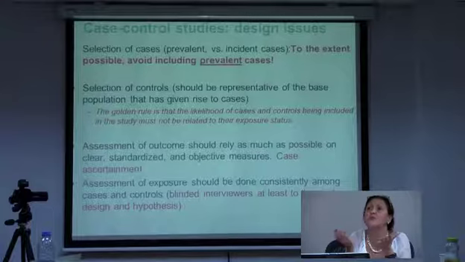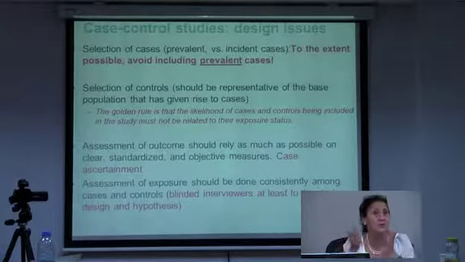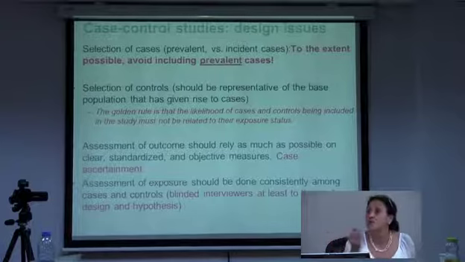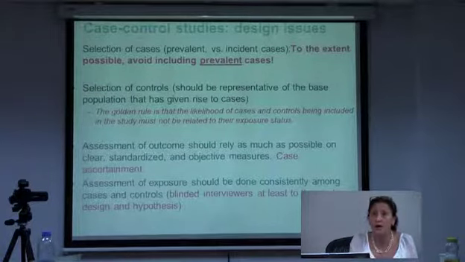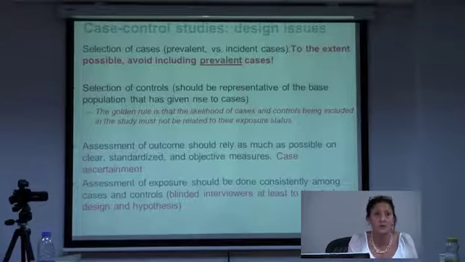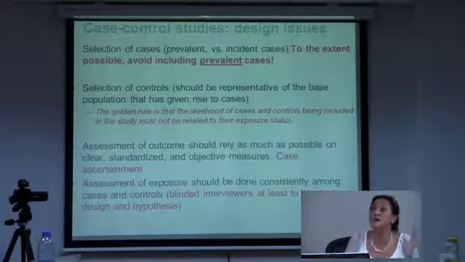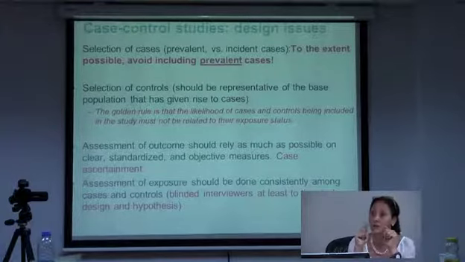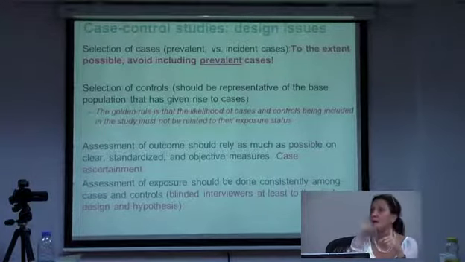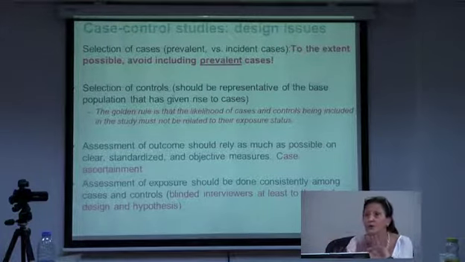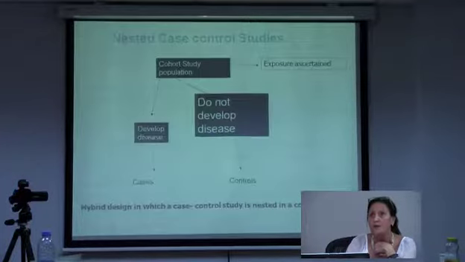You would ask, have you ever had a urinary tract infection? But many of these urinary tract infections go without any symptoms. So if you are assessing urinary tract infection using self-report in the control, use self-report in the case. Don't get the information for the case from the medical record while taking self-reported data from the control. So always be consistent in the way you assess exposure in cases and controls.